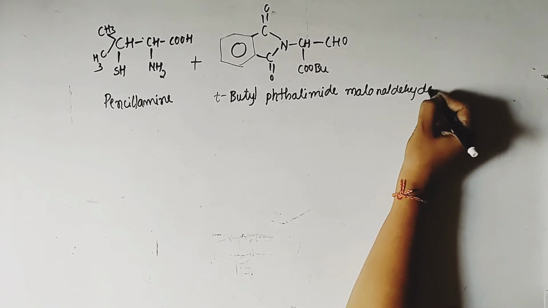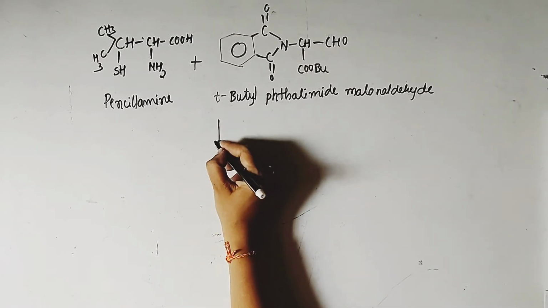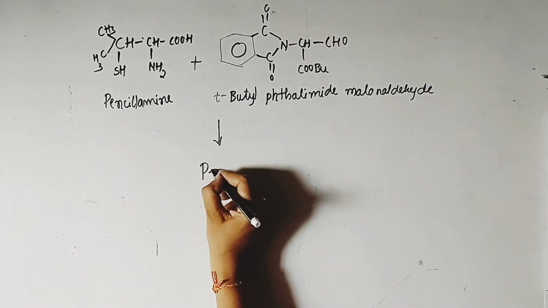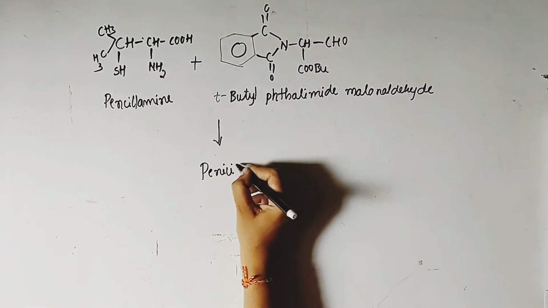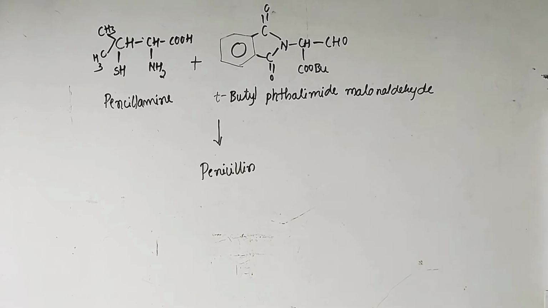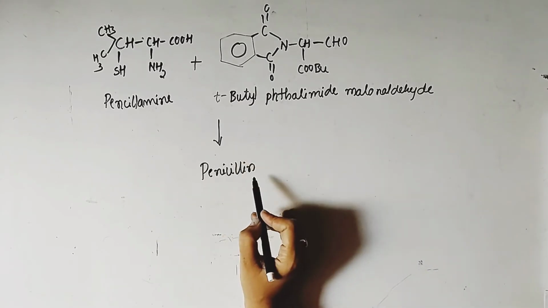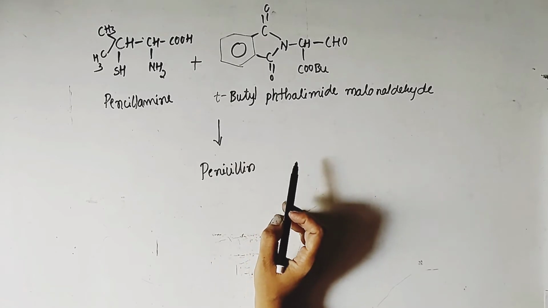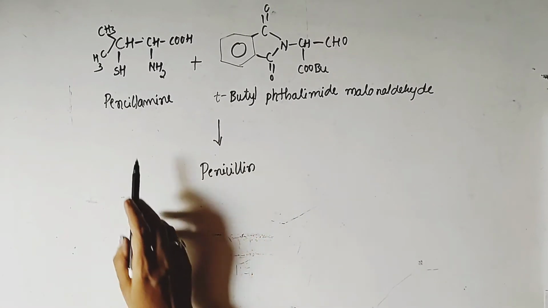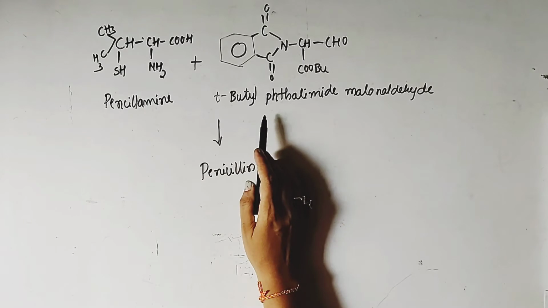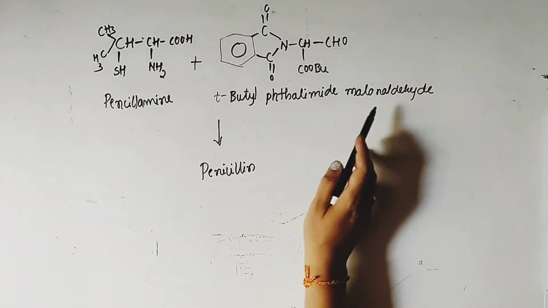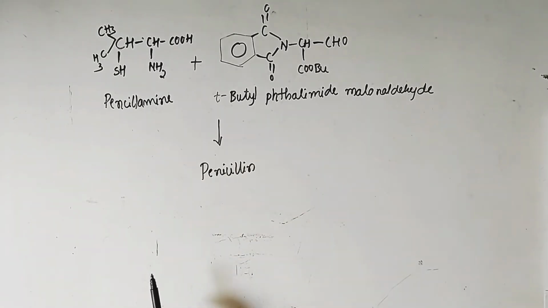So these combine and lead to the formation of penicillin. But for the preparation of penicillin, first of all we have to prepare these two materials: penicillamine as well as tertiary butyl phthalimide malonaldehyde. So first we will see the synthesis of penicillamine.